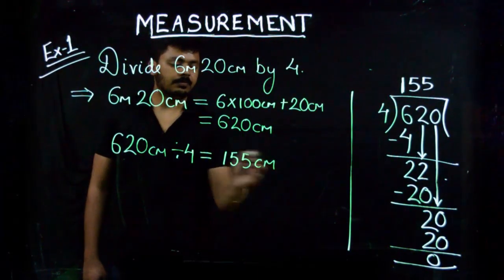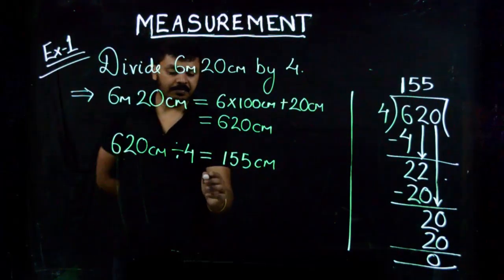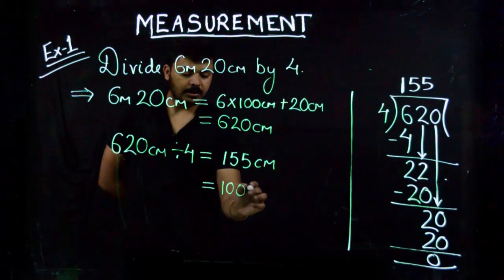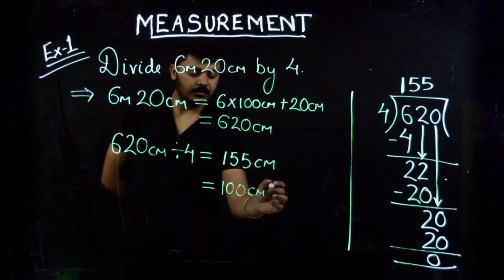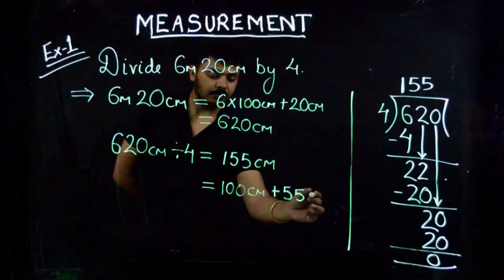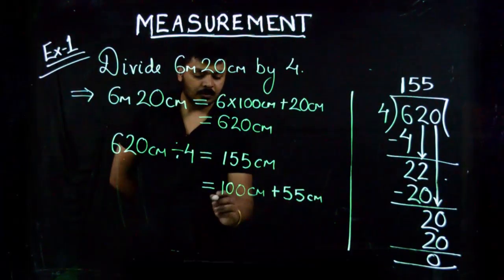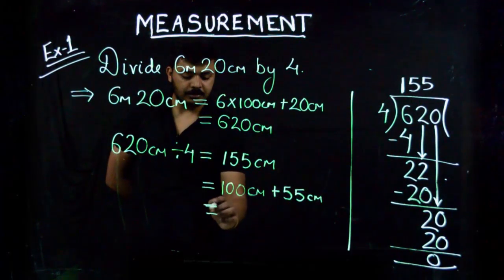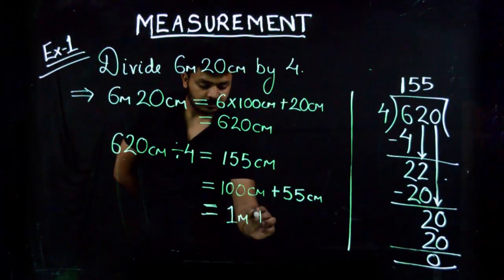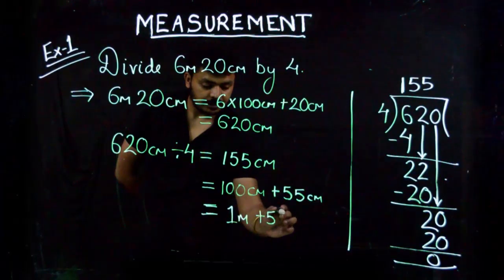centimeter. So 155 centimeter can be written as 100 centimeter plus 55 centimeter. So 100 centimeter is equal to 1 meter plus 55 centimeter.